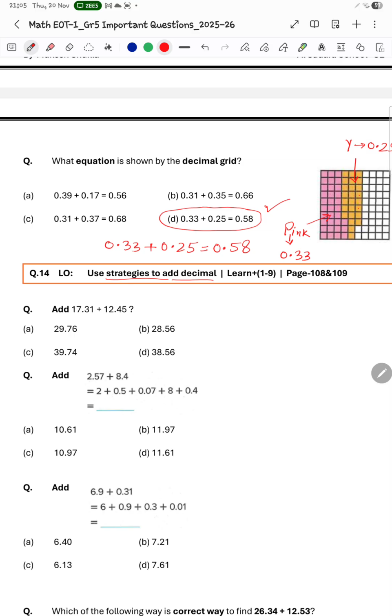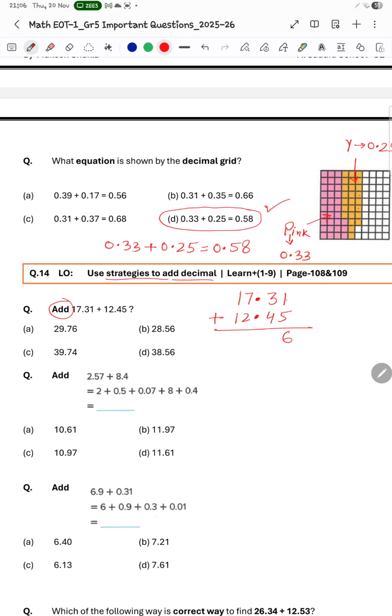That's it. So I have to add 17.31 and 12.45. So line up the decimals one below the other. This is the rule and strategy to add the decimals. So now just add them up.